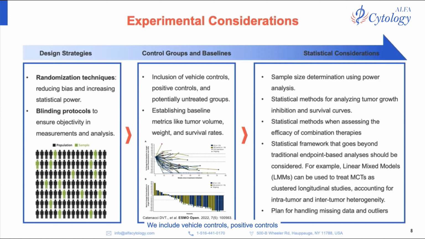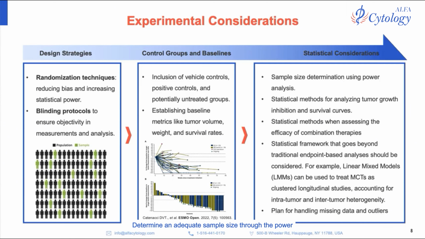We include vehicle control, positive control, and potentially an untreated group to establish a robust baseline. Tracking metrics such as tumor volume, weight, and survival rates from the outset allows us to accurately observe treatment effects over time. Statistical considerations form the core of our analysis.